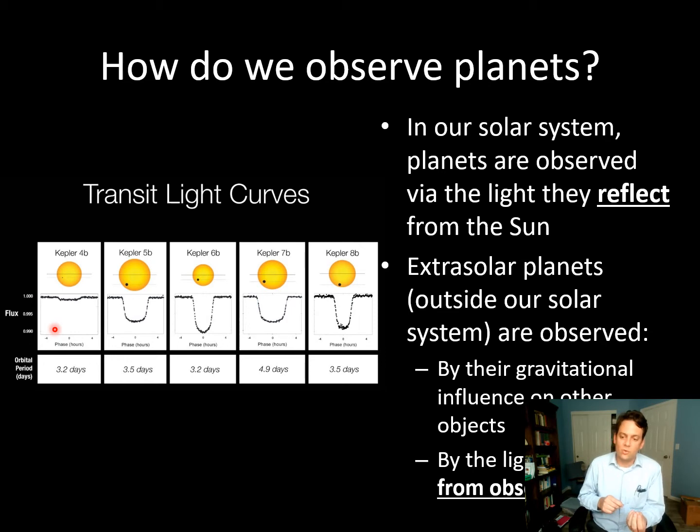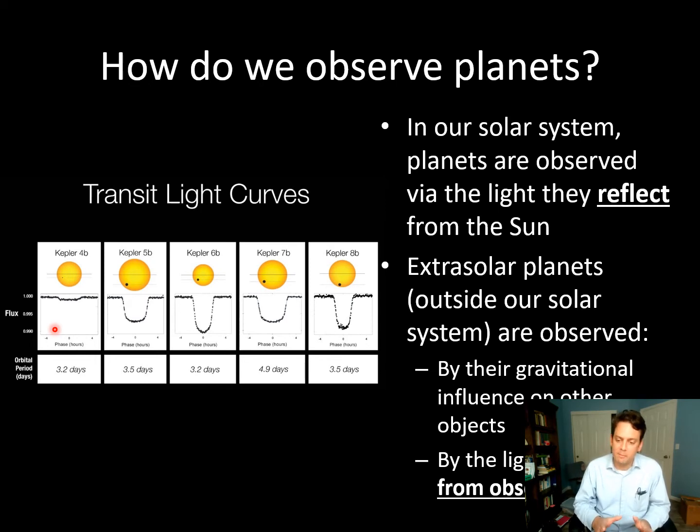And so we often talk about a planet orbiting a star, but in fact, the star also orbits a little bit, and they both orbit around their center of mass, as it turns out. And so with very precise instruments, very high quality telescopes, we can actually observe the very small movement of the star due to the gravitational influence of the planet.